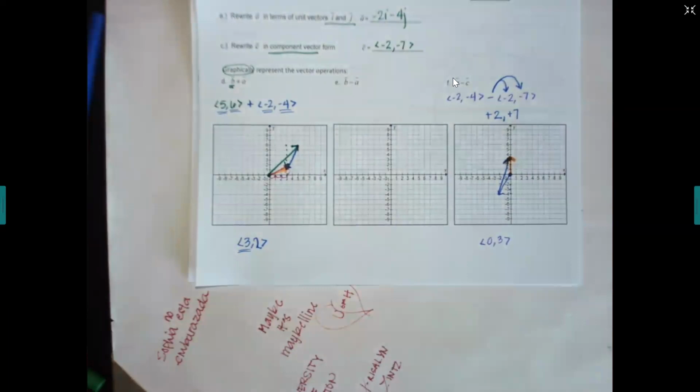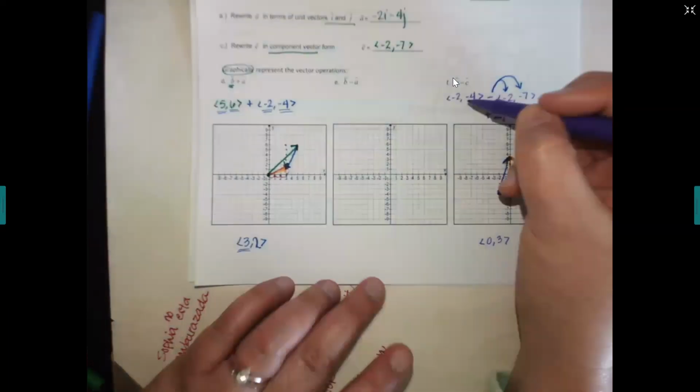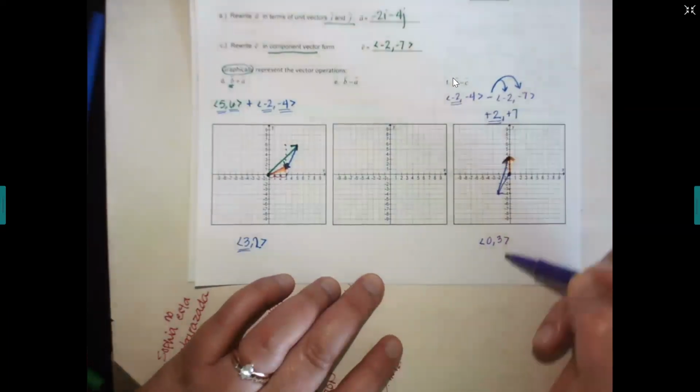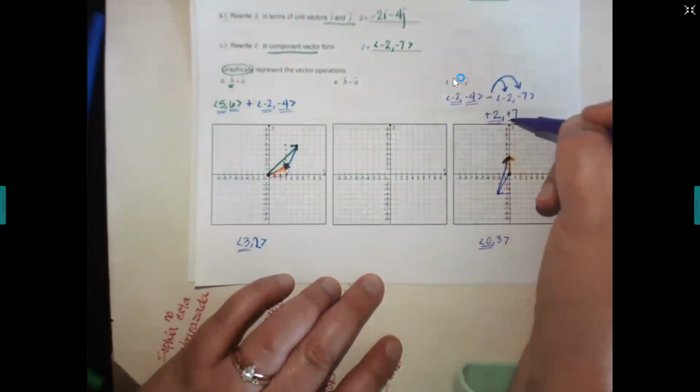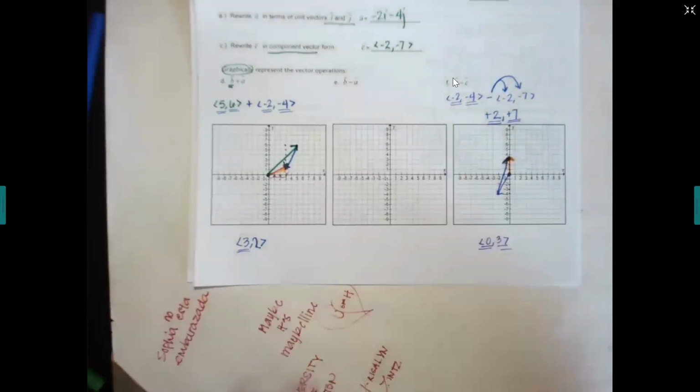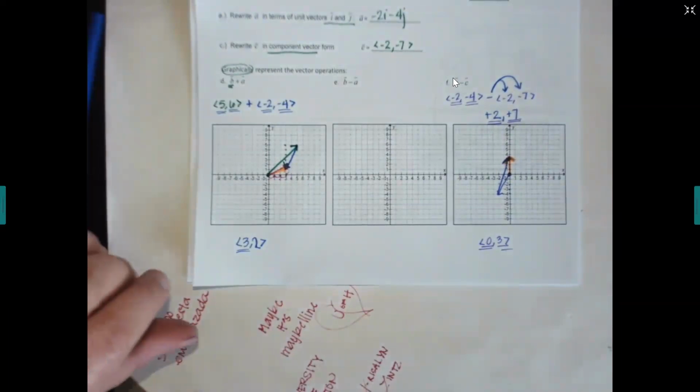Okay, then let's check our work. What is -2 plus 2? Oh, it's 0. Great. And then what is -4 added to 7? 3. And so we can see that we did it right. Okay. All right, go ahead and turn the page when you're ready.